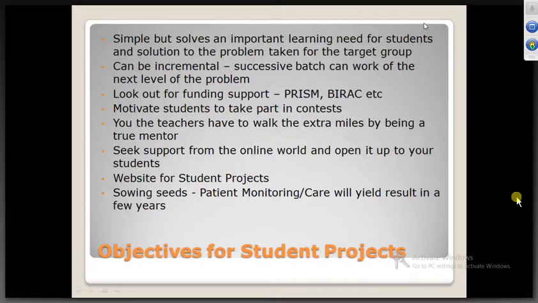That's a very important learning need for the students. And as teachers, we have a phenomenal responsibility to ensure that their learning need is satisfied and their curiosity is kindled, and they become better engineers. So we sow the seeds for better engineers coming out in our country.